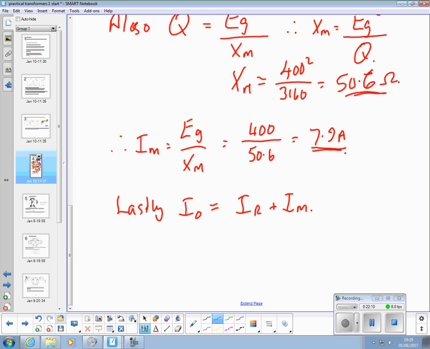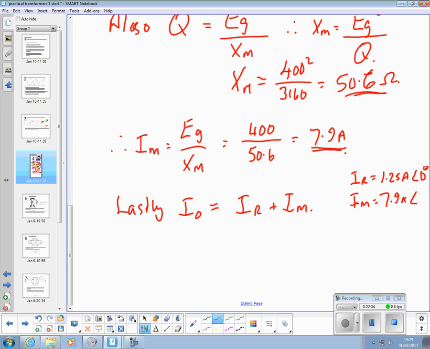So IR, let's look back at your notes. IR is equal to what? Angle associated with that, 0 degrees. IM, 7.9.